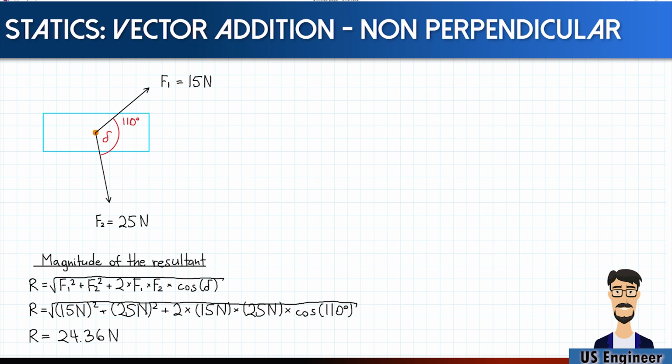So, if I add F1 and F2 in form of vectors, and I have an angle between these two force vectors, that angle I'm going to label as alpha.